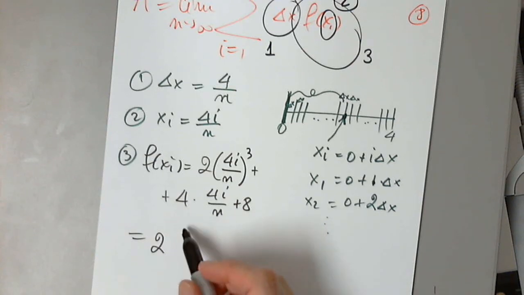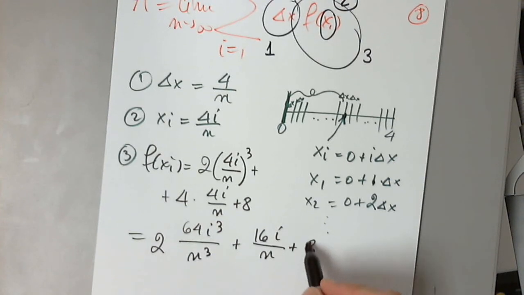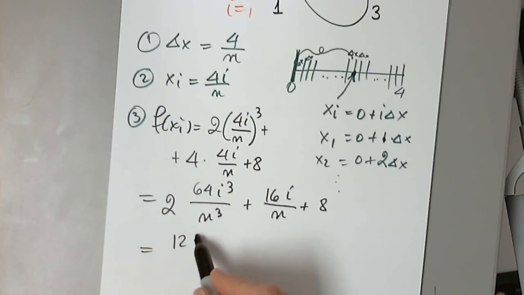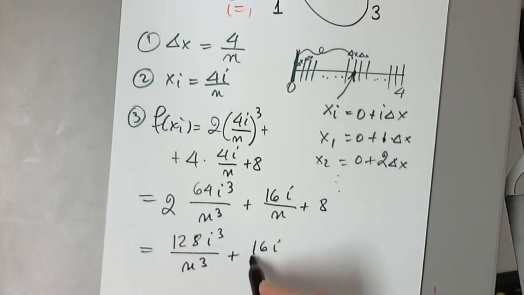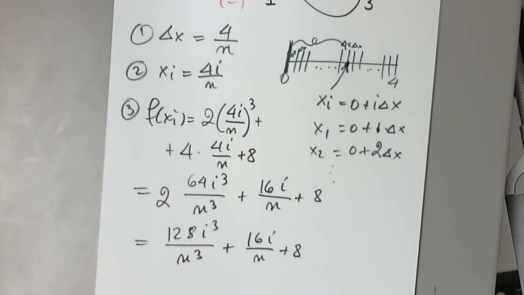I think this is 64i cubed over n cubed plus 16i over n plus 8, or 128i cubed over n cubed, 16i over n plus 8. So these were just the preps. We have not put everything in the limit of the Riemann sum yet.